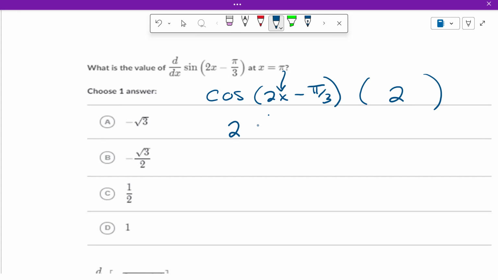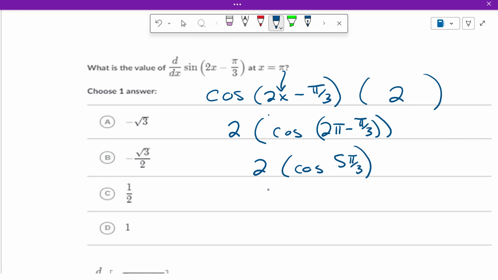So it's 2 times the cosine of 2 pi minus pi over 3. 2 pi minus pi over 3 is 5 pi over 3, correct? So it's 2 times the cosine of 5 pi over 3.